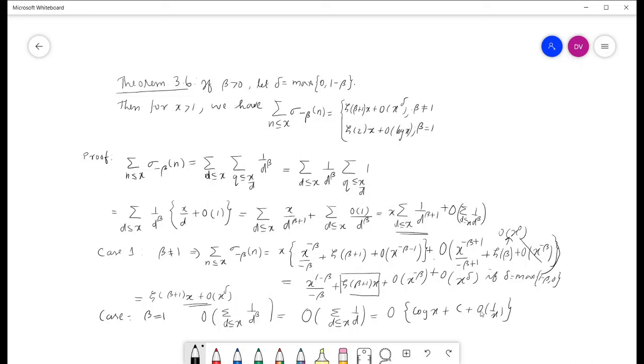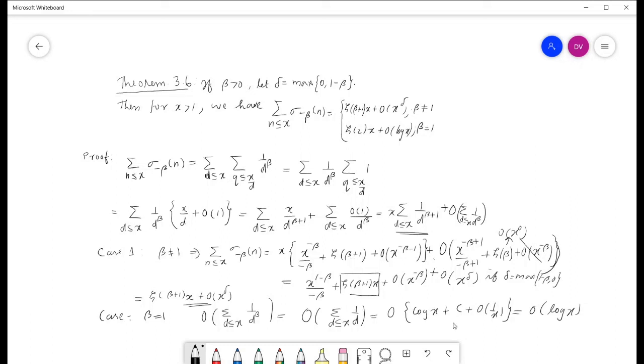Among these three terms, log x will dominate, so this will be equal to O of log x. So the second term can be reduced to O of log x, and the first term can be reduced to zeta of 2 into x.